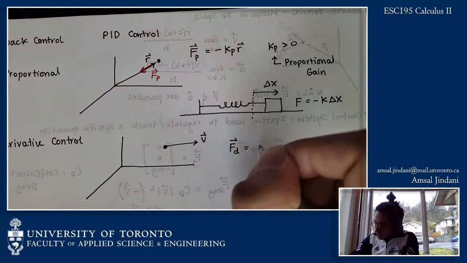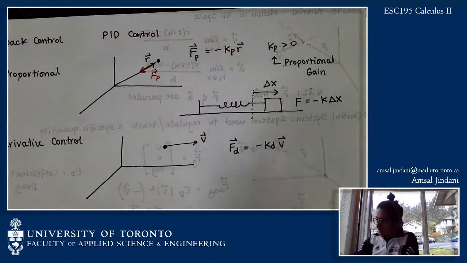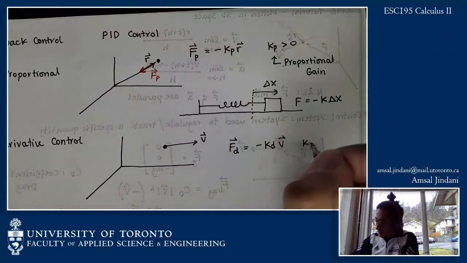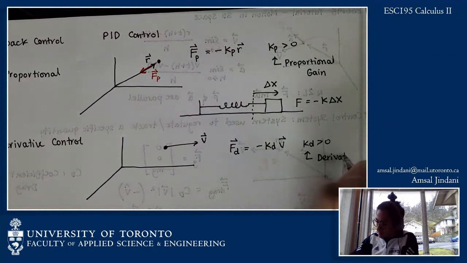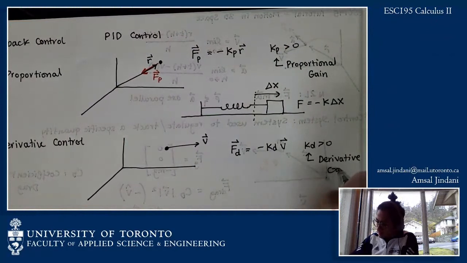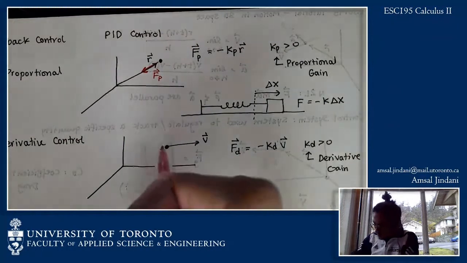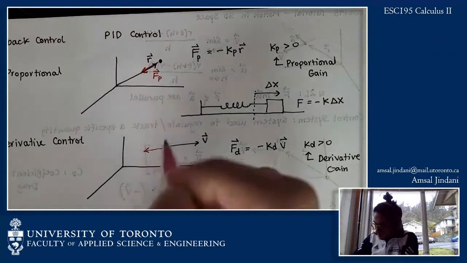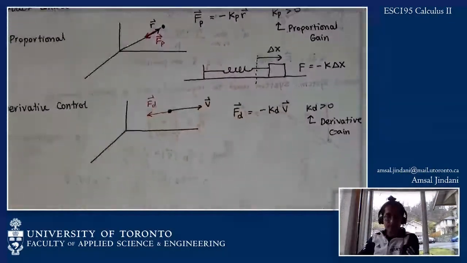So this is equal to minus Kd times the velocity. And Kd is also greater than zero, and this is our derivative gain. So this is basically the force Fd.